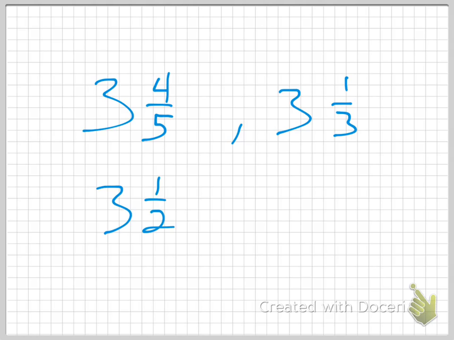Could you order those from smallest to biggest without doing any math at all? You should be able to. Ellie, how could you possibly do all of those without doing any math at all, just telling me the smallest to the biggest? How could you know without doing any math? Just in your head.